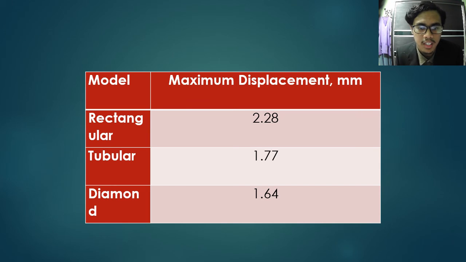This is the data for the displacement of the rectangular, which is 2.28 millimeter at the middle of the frame. Tubular one 1.77 millimeter, also at the middle, and the diamond one, which is the lowest, is 1.64 millimeter, also in the middle.